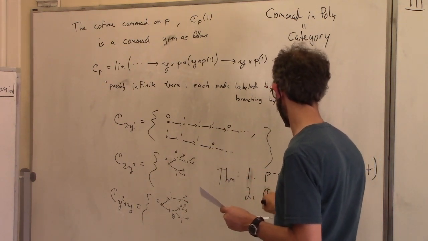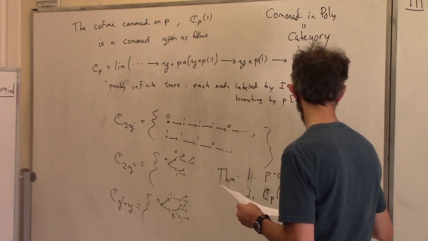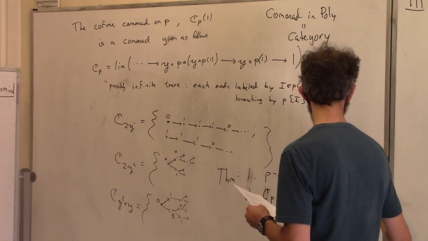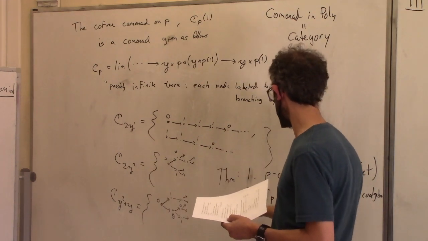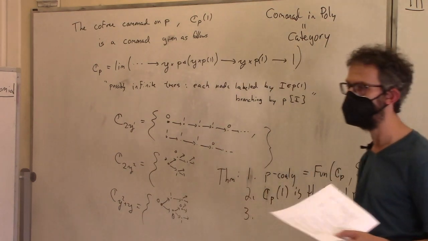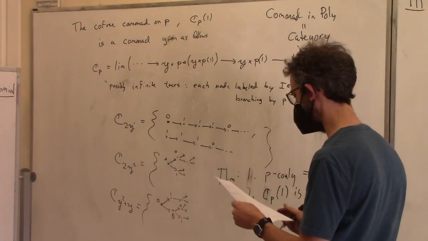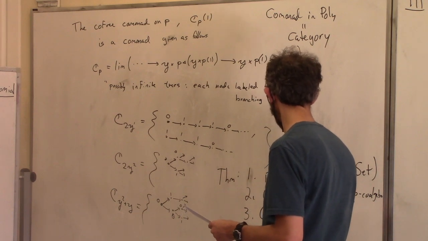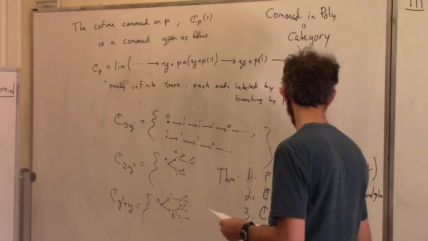So C_P of 1 is the terminal p-coalgebra. These trees form what is called the terminal p-coalgebra. If you do co-induction, these would be what you start with. One thing that's pretty useful is that C_P is isomorphic to y times p of C_P.